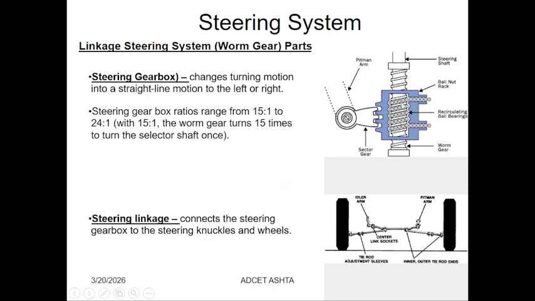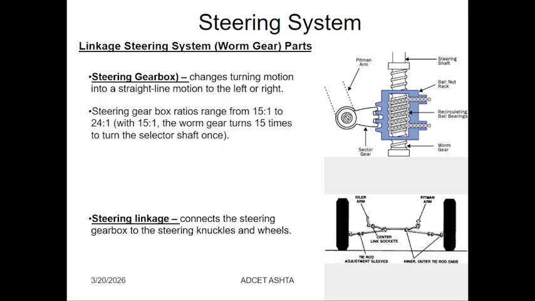This will be helpful for the motion of the steering gearbox.